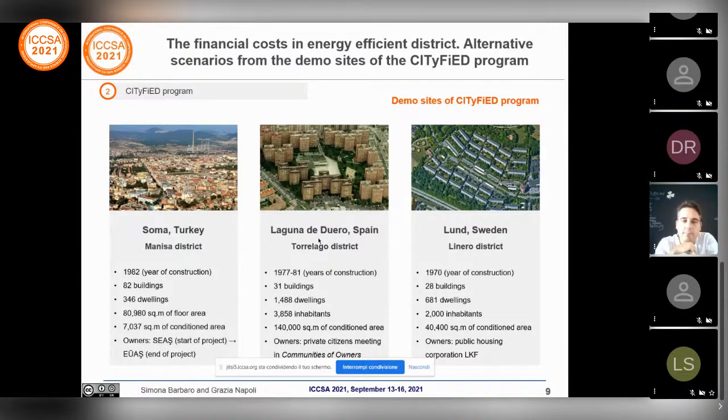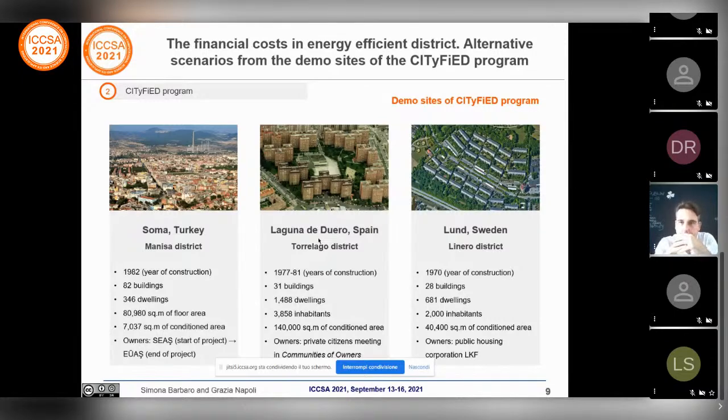Another main element was the ownership system. For example, also in Soma, the change of ownership between 2 public companies caused a partial execution of the project. In any case, the type of ownership is linked to the type of financing and the type of project management.